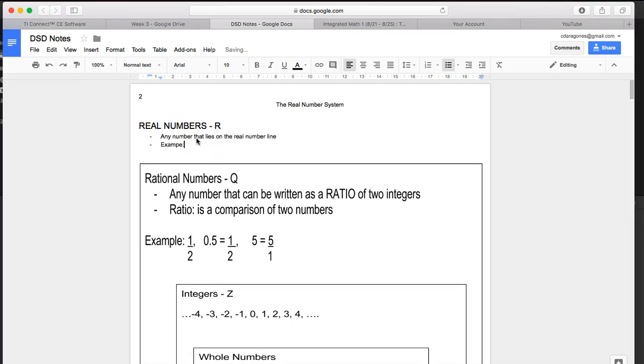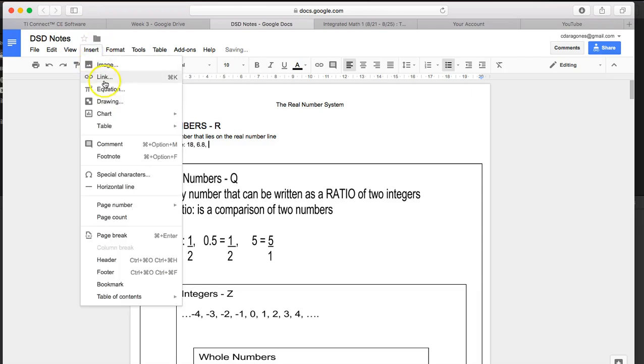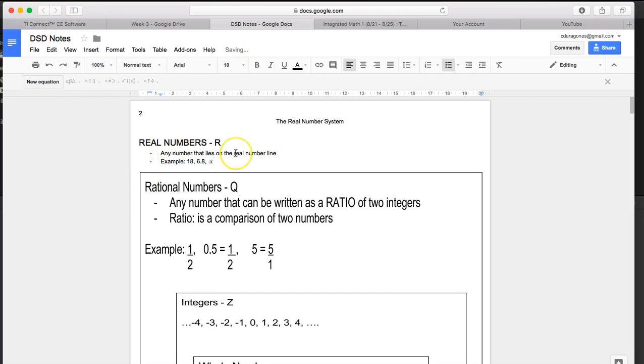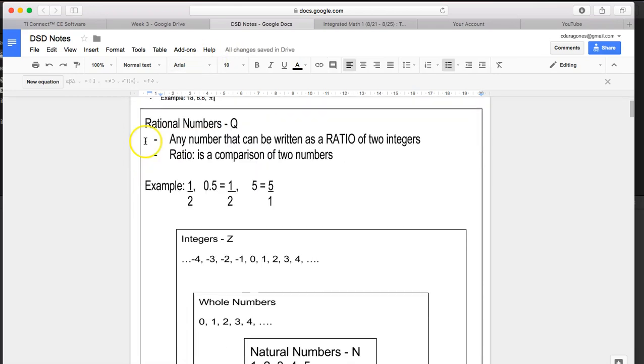So for example, you can have 18, 6.8, the number pi, if you are aware of that symbol. If you're not, that's okay. We'll talk about that later. But any number that could potentially be on the real number line is a real number.